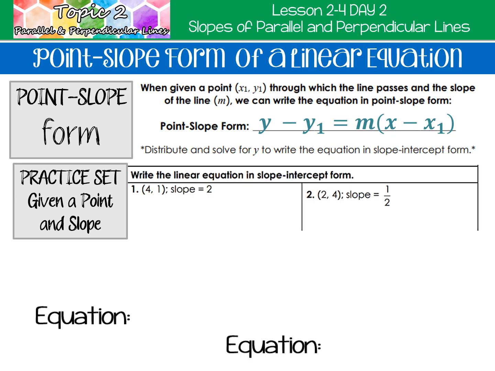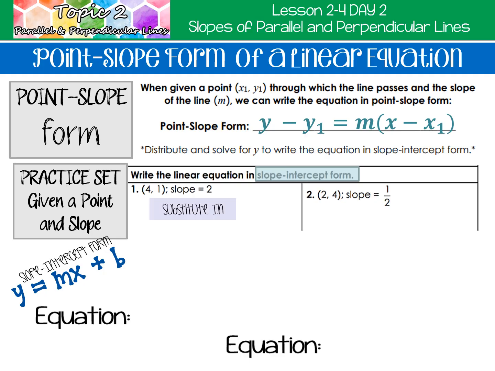So in number 1, we're given the point 4, 1, and the slope is 2. So we're putting it in slope-intercept form. y equals mx plus b is the form it should end up in. So substitute it into the formula. So y minus 1, remember it's y minus the y value in your point, equals 2 times x minus the x value in your point.